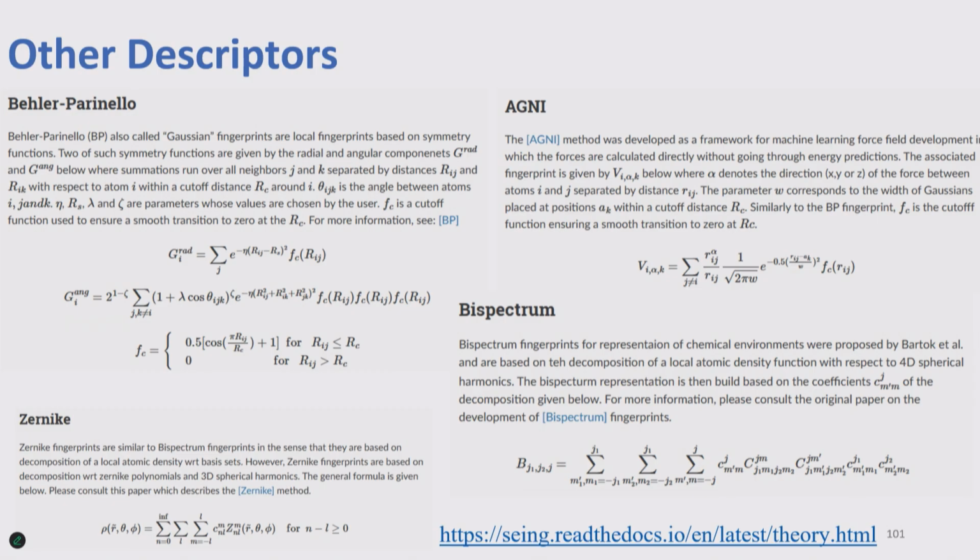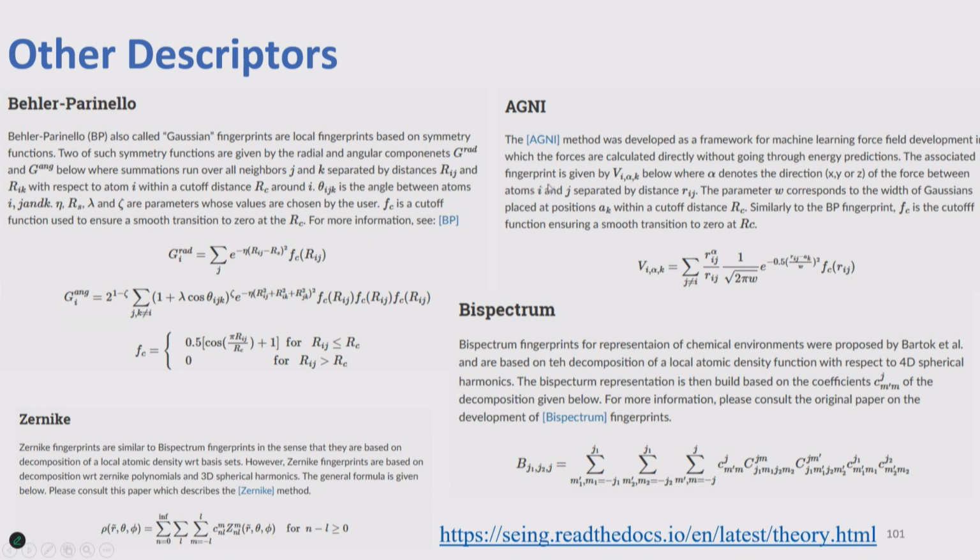Then you have a decaying function called Fc, which smooths it out. We don't want the actual number, we want to smooth it. Fc is something like cos of Rij over Rc, within the cutoff, and outside the cutoff it is all 0. This is called the G function, and it is very popular for making machine learning force fields.